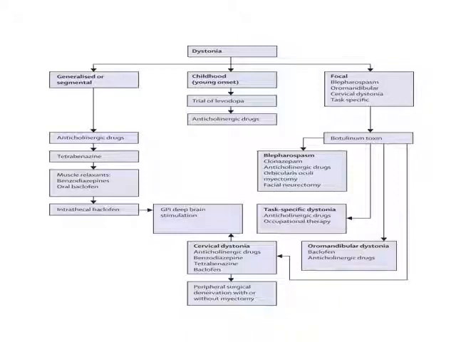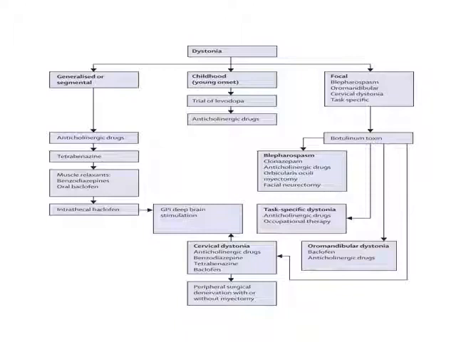Cervical dystonia, we can give anticholinergic drugs, benzodiazepines, tetrabenazine and baclofen, and if no response, we can use deep brain stimulation and peripheral surgical denervation with or without myectomy.